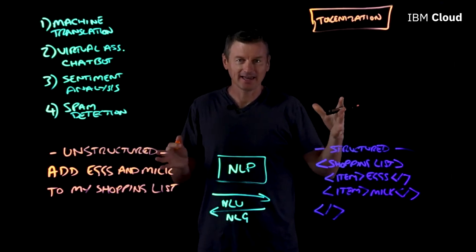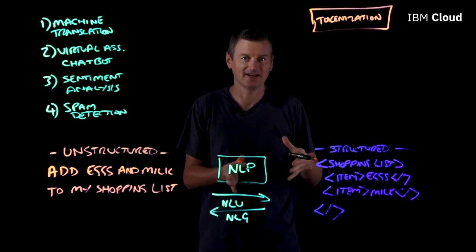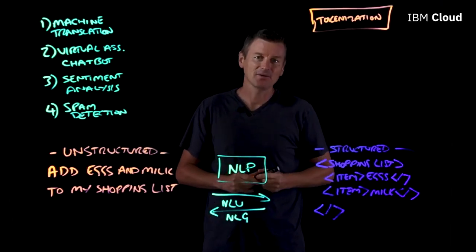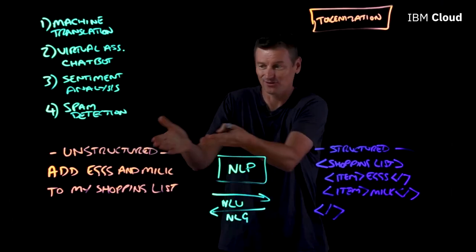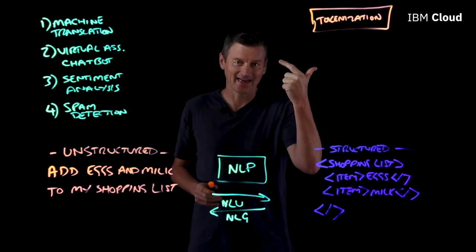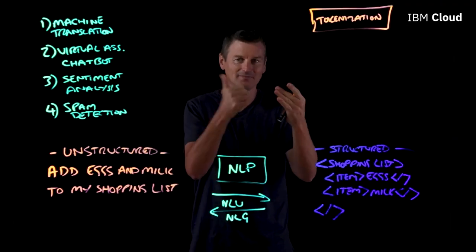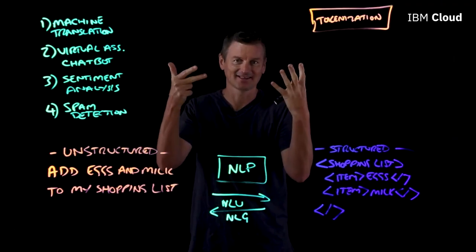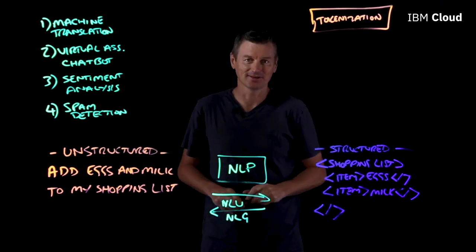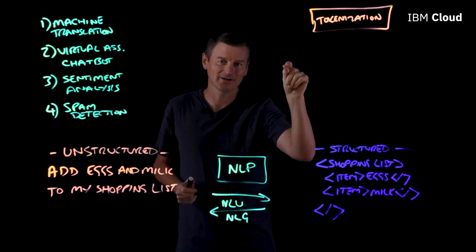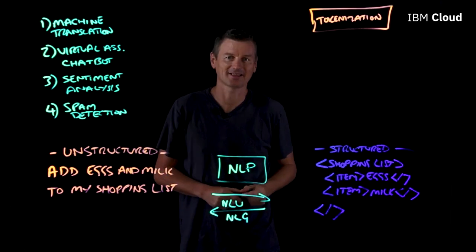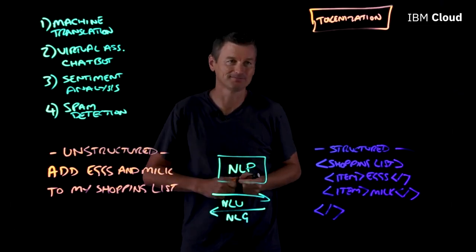This is about taking a string and breaking it down into chunks. So if we consider the unstructured text we've got here, "add eggs and milk to my shopping list," that's 8 words, that can be 8 tokens. And from here on in, we are going to work one token at a time as we traverse through this.